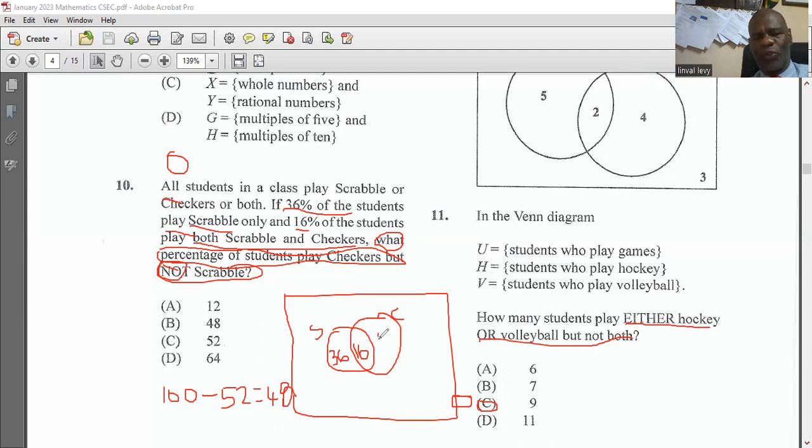So the number of students who played checkers only would be 48. But that's the entire set. All the students in a class play either Scrabble or checkers or both, so 100% of them play at least one of the sports.